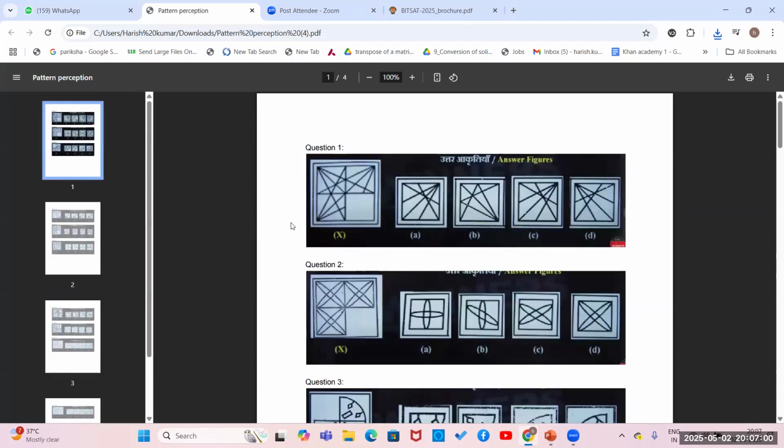What's the answer for the first one? Again, all of you should give me the answers. Okay, B and C. Guys, please check. What's the answer for the first one?